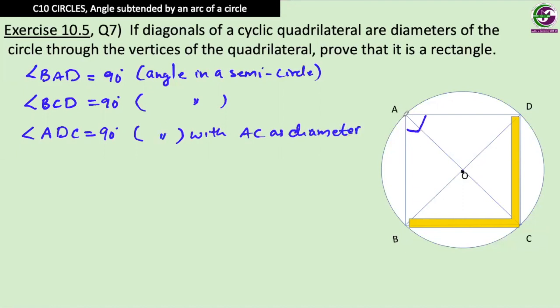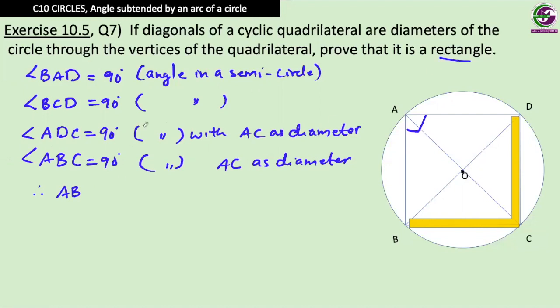Also, ABC is 90 degrees with AC as diameter. So we got all the four angles as 90 degrees. So ABCD is a rectangle, since all angles are equal to 90 degrees.